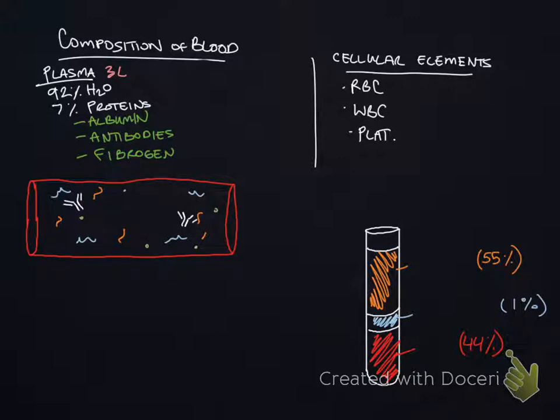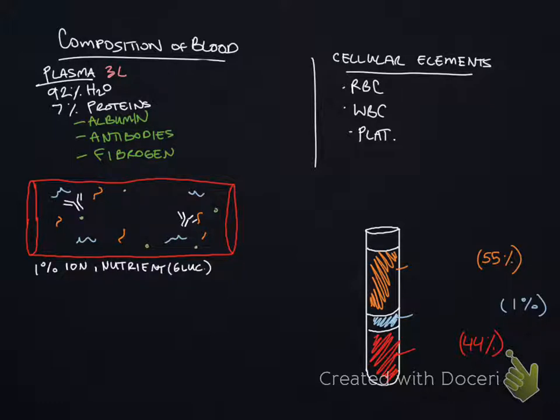Alright, but that doesn't make up 100%, does it? So we have 1% left over. And that 1% is for ions like sodium or potassium, other nutrients like glucose, that are found in the plasma.